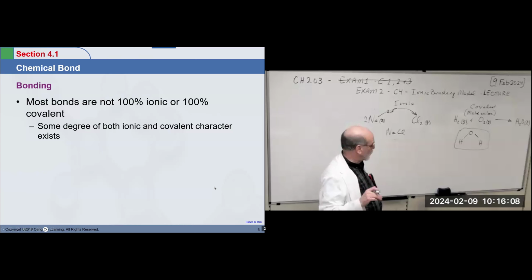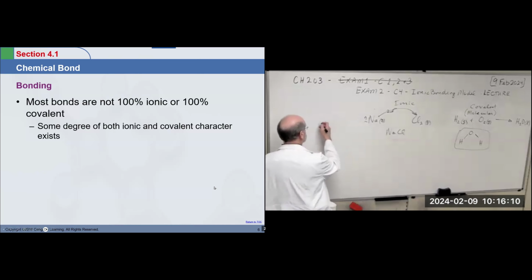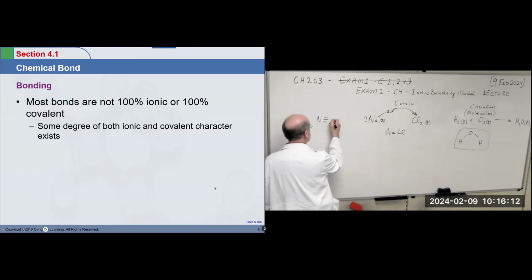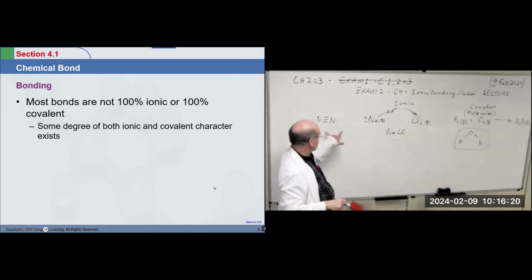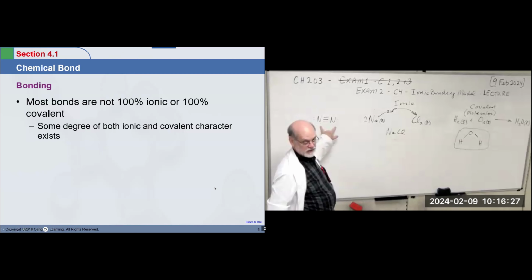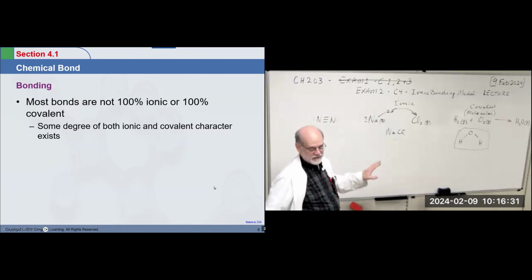Now, when we bond something like this, two nitrogens together, that is purely covalent. Simply because this nitrogen doesn't have a greater purchase on electrons than the other one does. It's a pure sharing. So this one is 100% covalent.